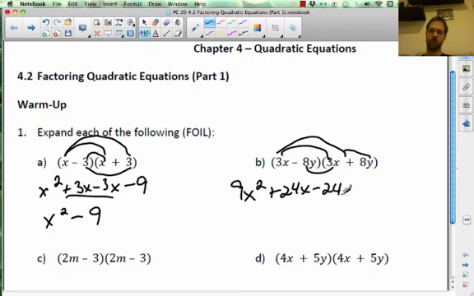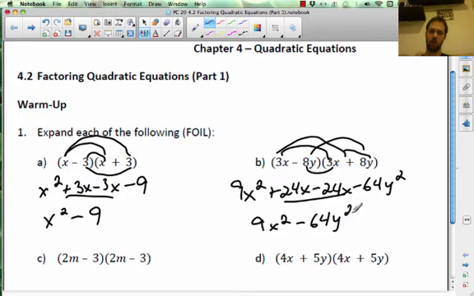Okay, so that's the importance of having the opposite signs here, is that these two terms will always completely cancel each other out if everything else is identical and the signs are opposite. And then finally we go minus 64y squared. And of course these will be eliminated, and we get 9x squared minus 64y squared.